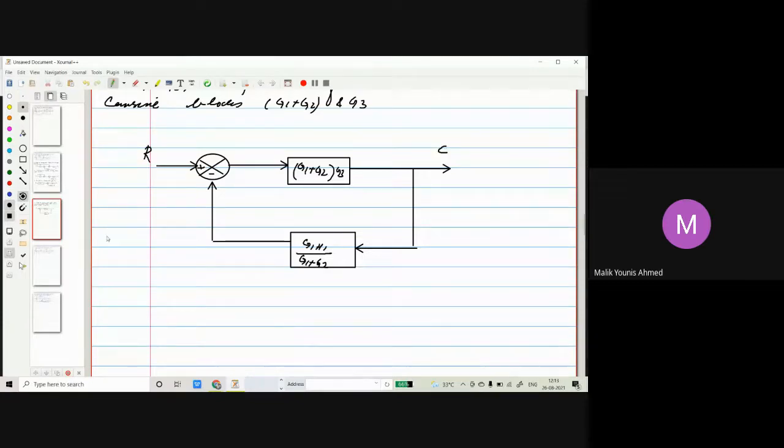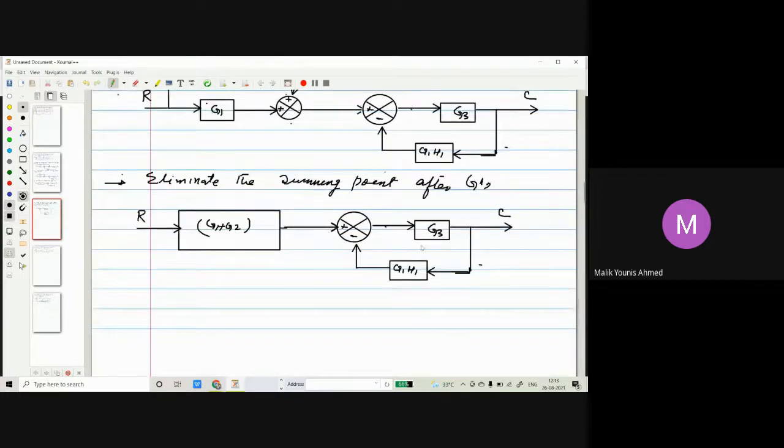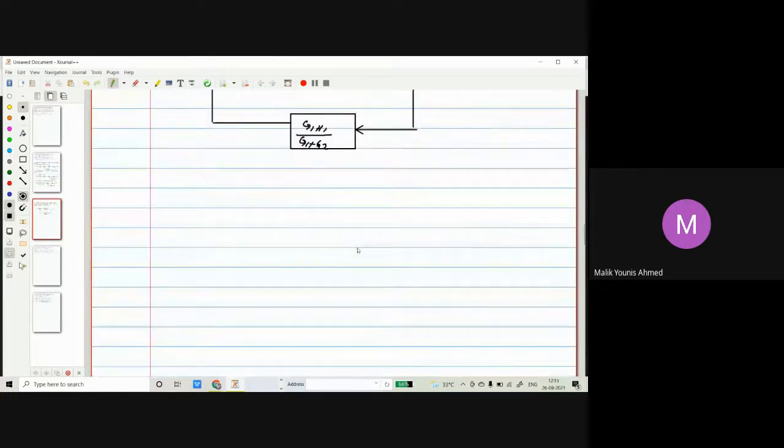Now, very clearly, the overall transfer function is what? A negative feedback loop. You can do it either way here. It's not necessary that I have done this step. You can do it the other way around also. This is also a feedback loop. This is your choice.